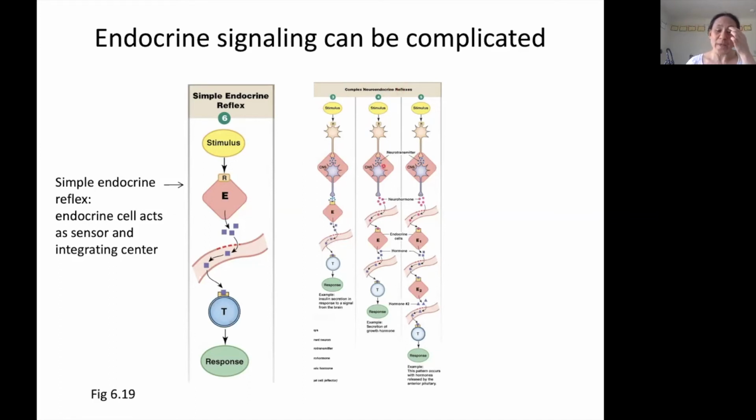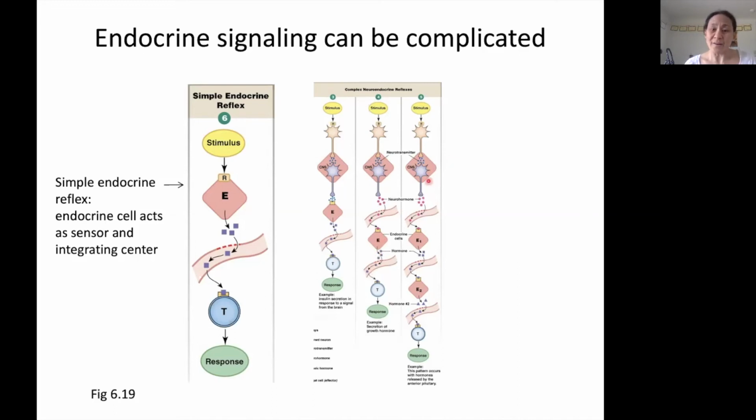Here we have a neuron in the brain or the spinal cord sending out what's called a neurohormone into the bloodstream. That hormone then reaches another endocrine cell elsewhere in the body, and that endocrine cell then releases a hormone into the bloodstream.